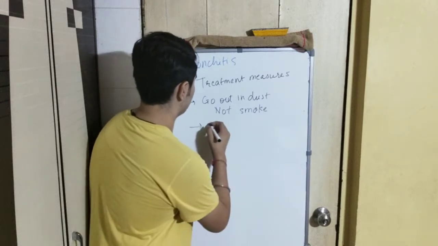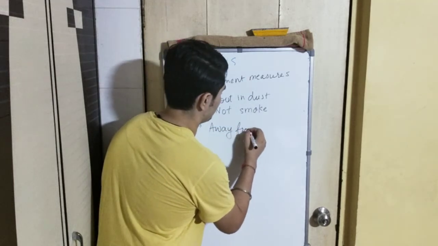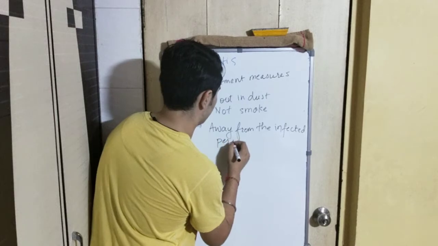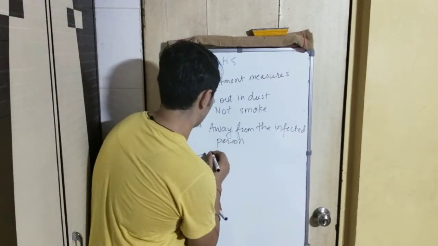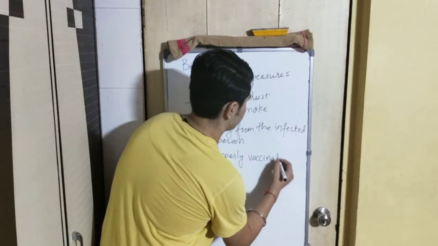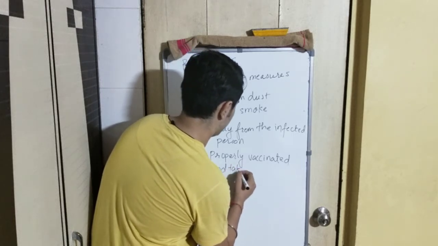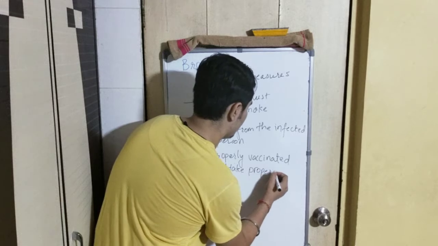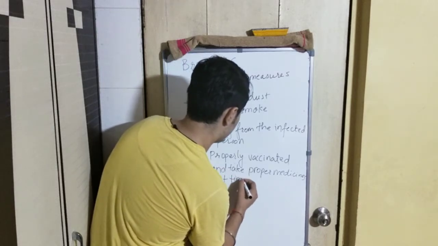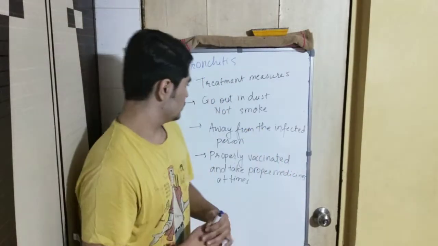Then you should be away from the infected person. You should be properly vaccinated and take proper medicines at time. These all measures can save you from getting a disease like bronchitis. So you can copy it down.